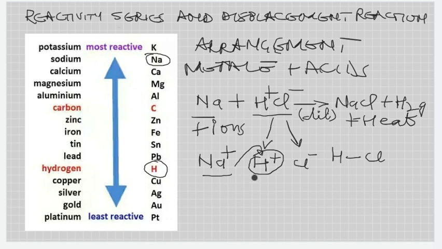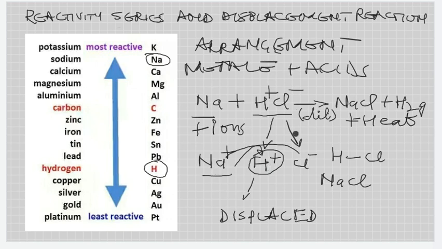It kicks it out, and the kicking out is called displaced. So hydrogen gets displaced, and sodium takes the place of hydrogen and bonds with chlorine, right? And what we get is sodium chloride. And now this hydrogen is left out alone. The hydrogen ion is left out alone.